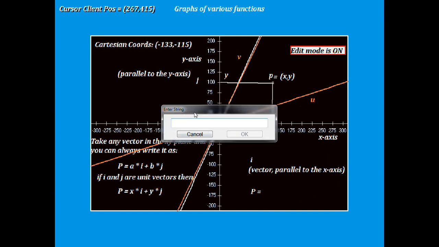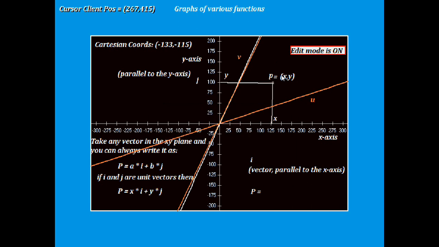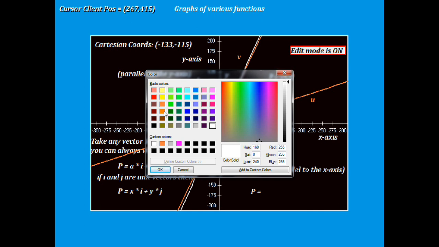Now, they won't be the same scalar quantities, but I'll call them x prime, say. These might be based on some other unit vectors.